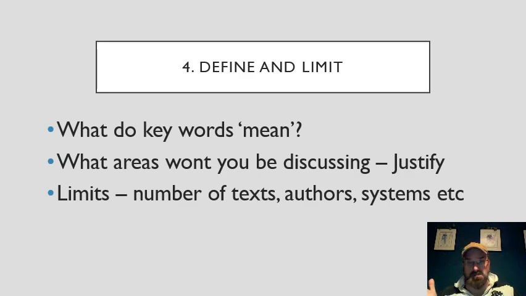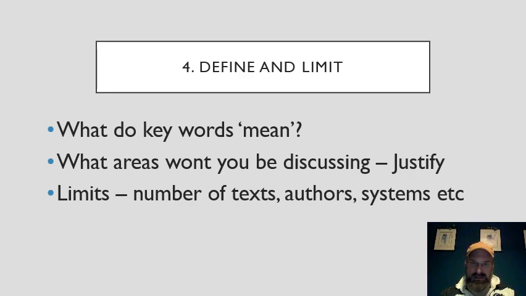And again, don't just put random limitations in there that are not actually that valid. If you're doing an EPQ on Shakespeare, you don't say, I will not be discussing the works of, I don't know, who wrote Game of Thrones?